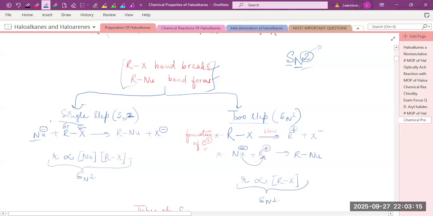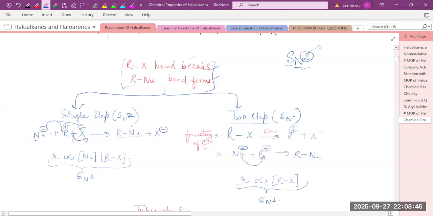So when the nucleophile comes, it will attack this R group. Here this bond will break, and this X group, because it's a good leaving group, just leaves the molecule, and the new bond is formed between R and the nucleophile. So here you can see the cleavage of the RX bond and the new bond formation, R-Nu, occur in a single step.